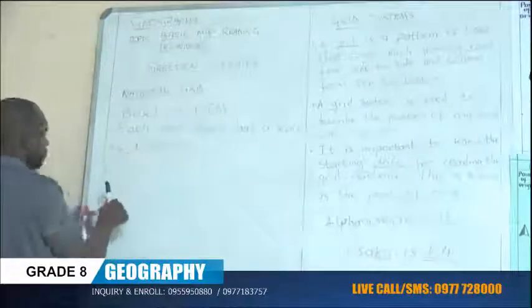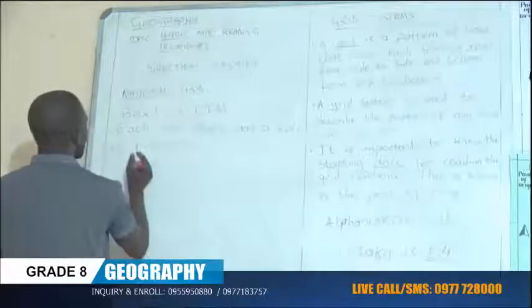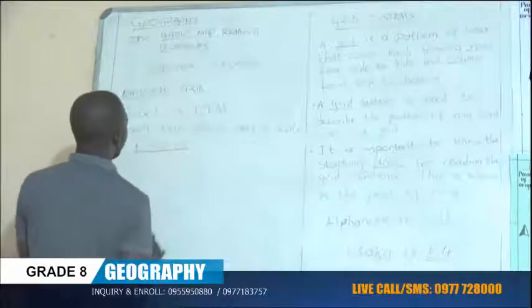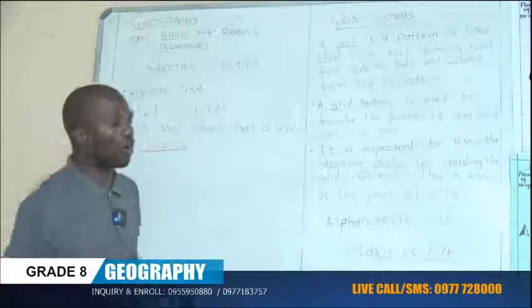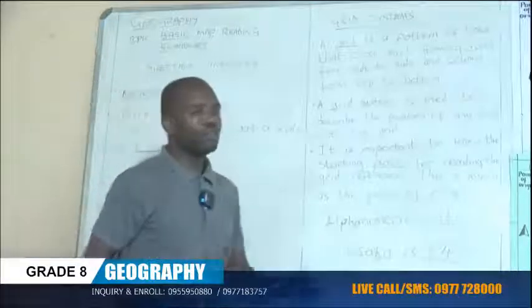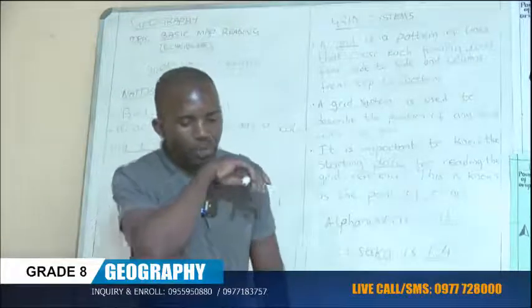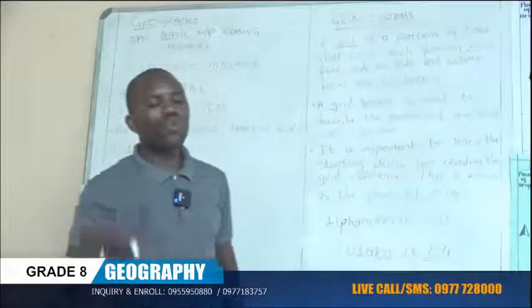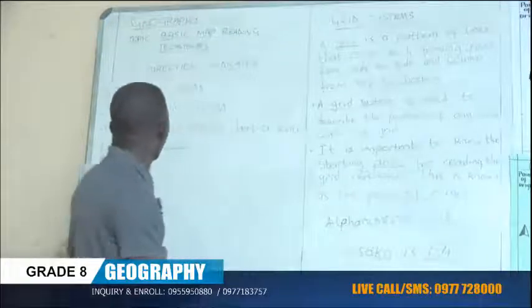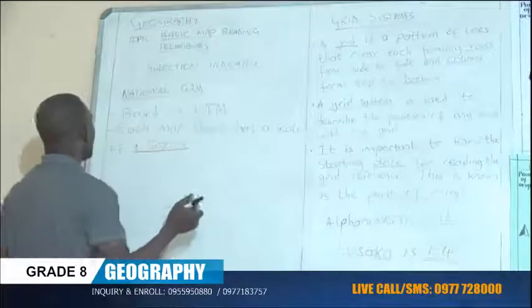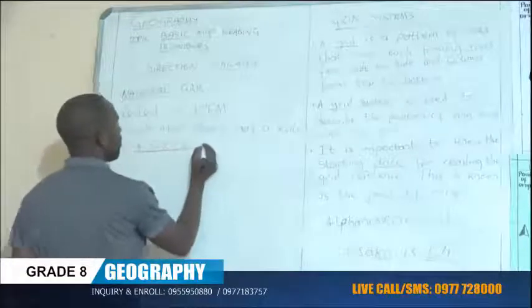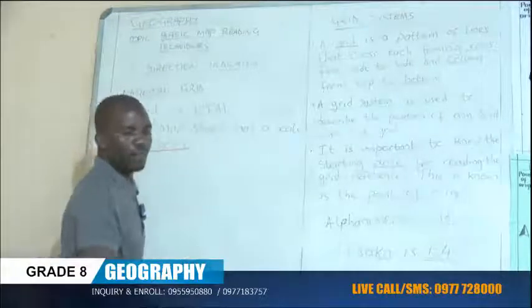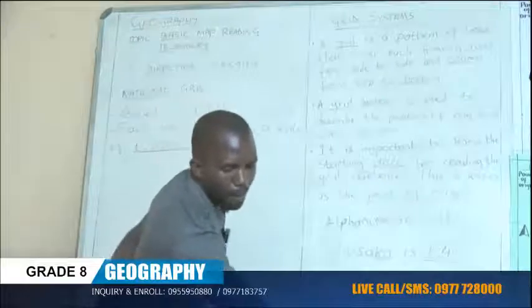This is the scale that each map sheet has. And so they can be used to give the so-called 4 and 6 figure grid references. This is what we mean.